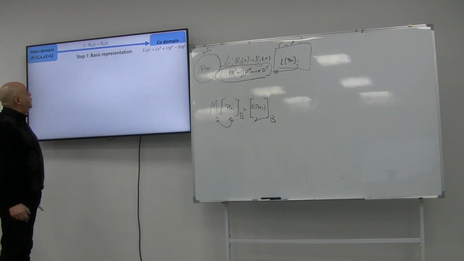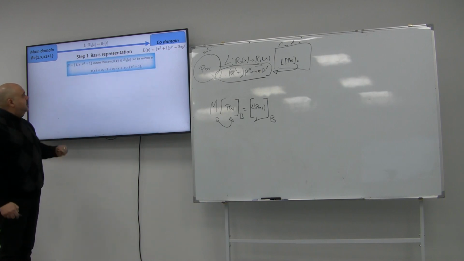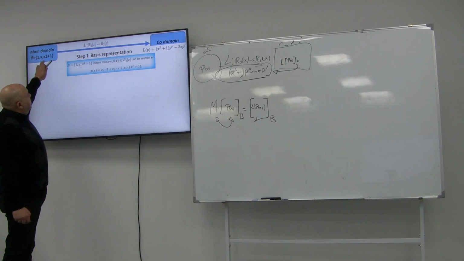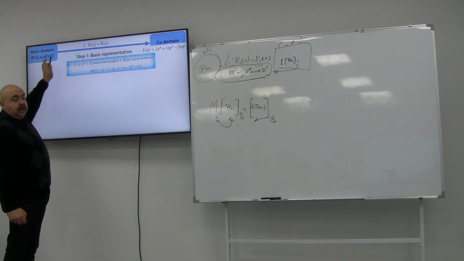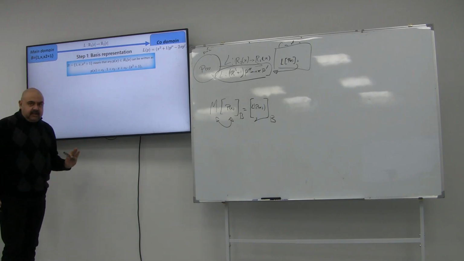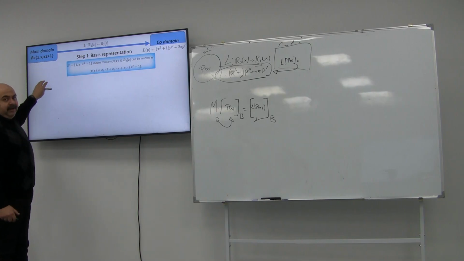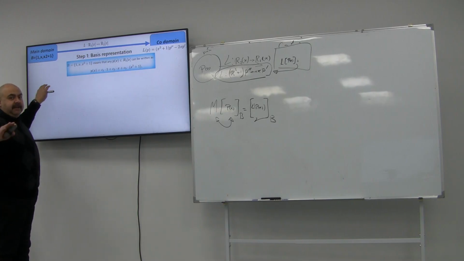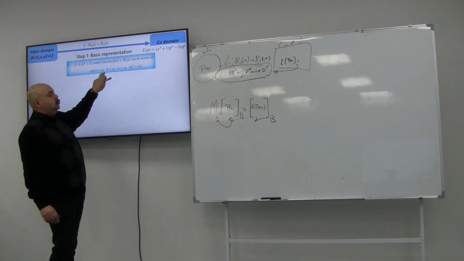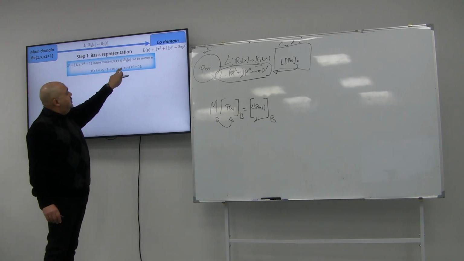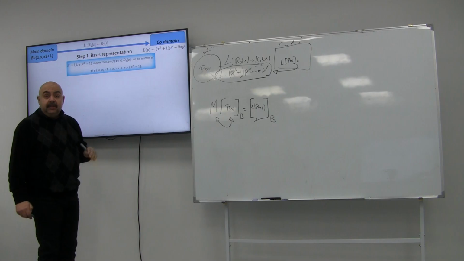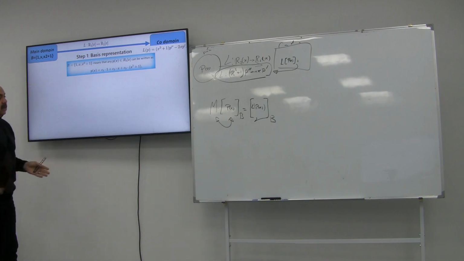So I will start with the basis representation, 1, x, x squared plus 1. Any p of x, any quadratic polynomial in the domain, can be written as C1 times 1, C2 times x, C3 times x squared plus 1. This is the basis of this vector space.